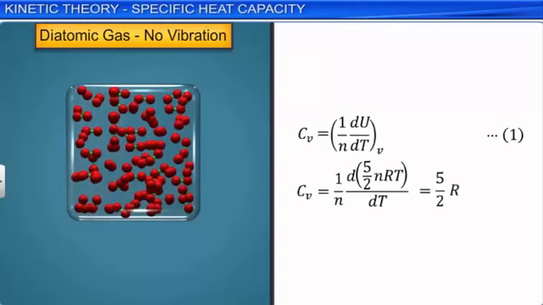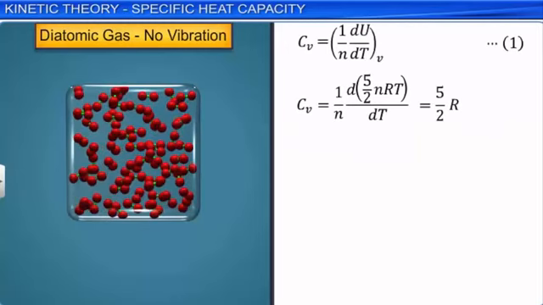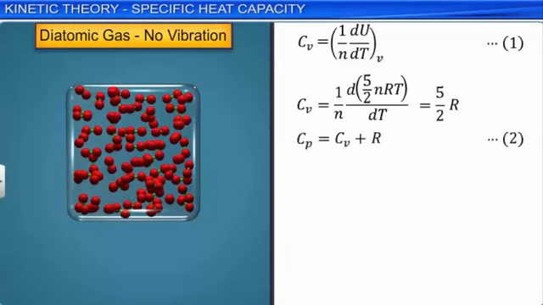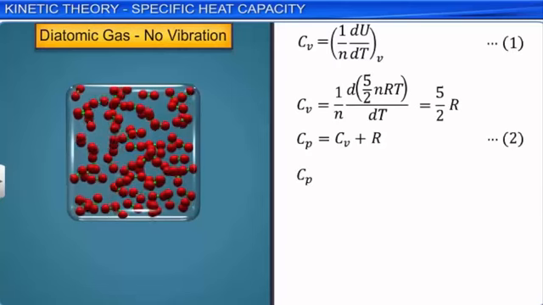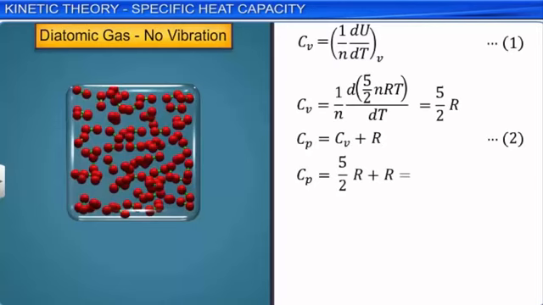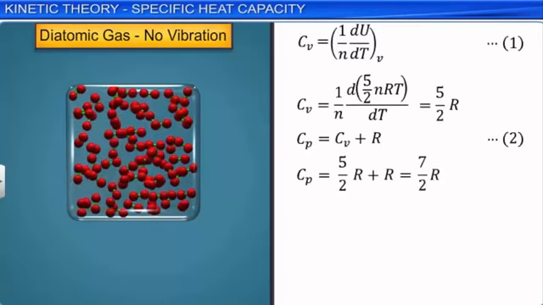From equation 2, we get Cp is equal to Cv plus R. Thus, Cp is equal to 5/2 R plus R, which is equal to 7/2 R. Gamma is equal to Cp by Cv.